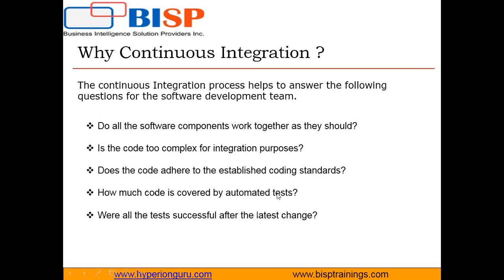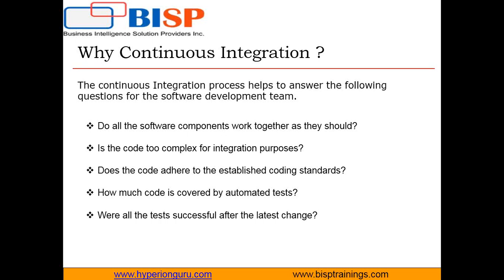Now the next question is: why continuous integration? The continuous integration process helps to answer the following questions raised by the software development team. The first question is, do all the software components work together as they should?